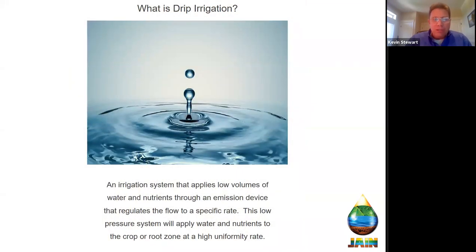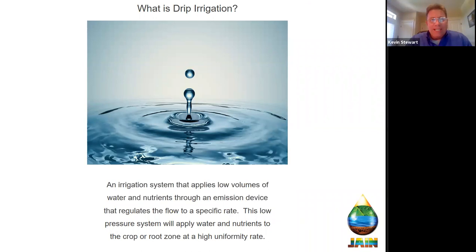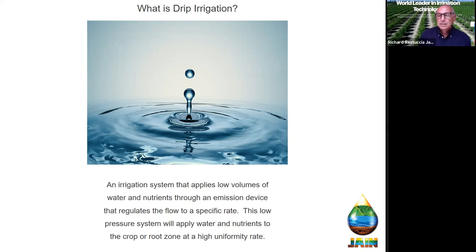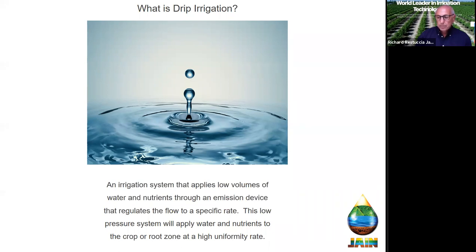Just in case anyone's not familiar with what drip irrigation is, in the simplest of terms, it's applying small amounts of water and fertilizer to the crop, 1 drop at a time. We try to get the placement of the source as close to the crop or the root zone as possible. This is a very low volume, low pressure type system, operating at 10 PSI within the drip tape itself.